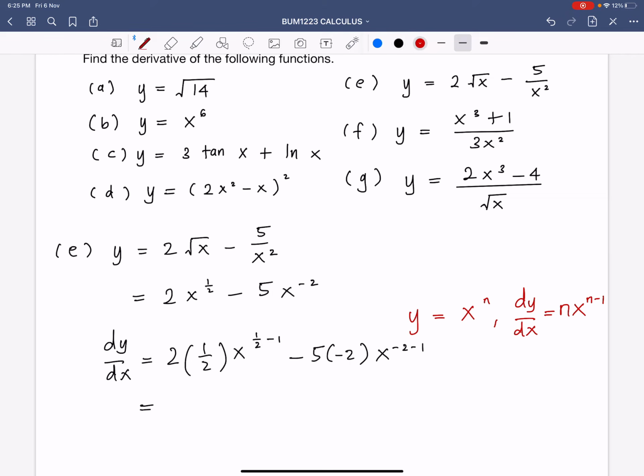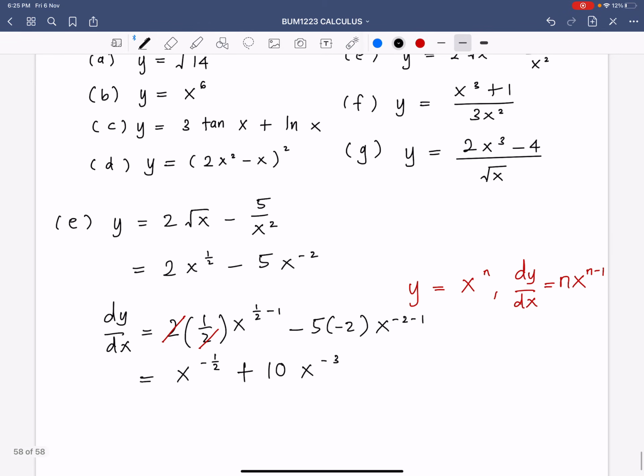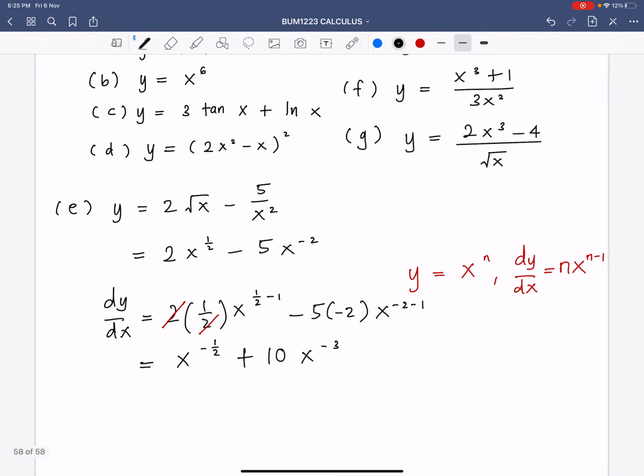Negative 2 minus 1. Therefore, we can cancel out this, so what's left is x power of negative 1 over 2. And then we have here minus times minus becomes positive 10 x power of negative 3. And usually in the final answer, we try to avoid the negative power.